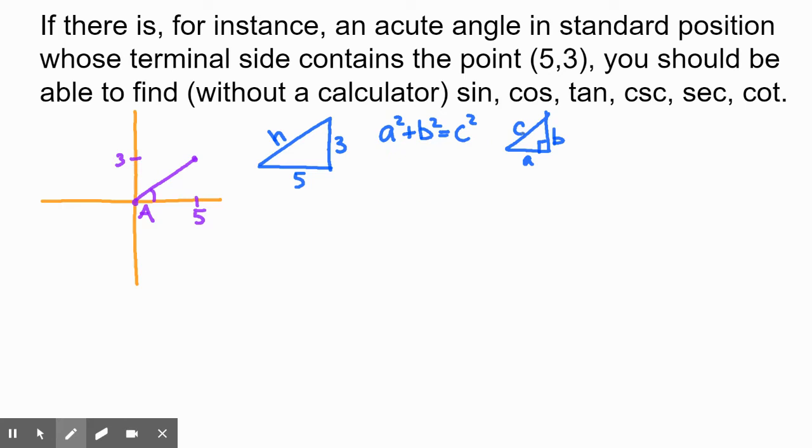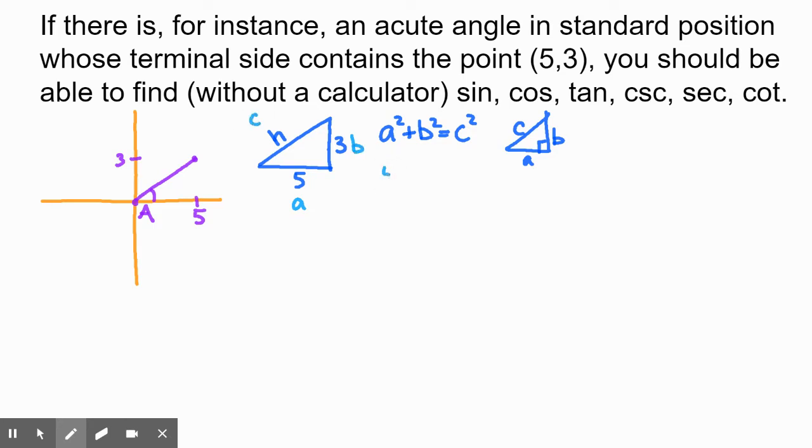The Pythagorean theorem only works if c is the hypotenuse. You can have any variable you want, but you need to set the equation up so c is the hypotenuse. We'll call this our A leg, this our B leg, and this our C leg.